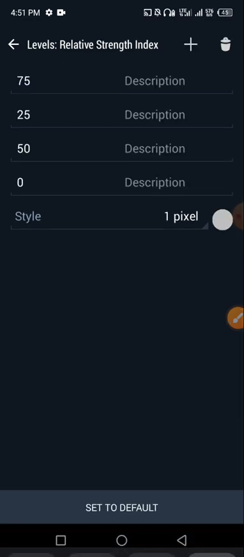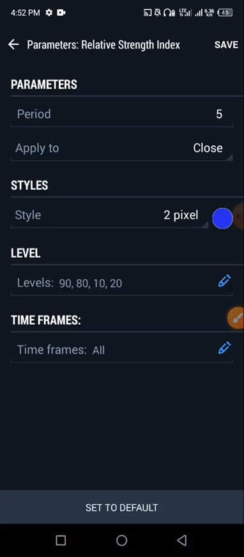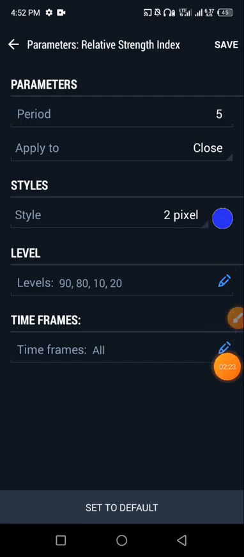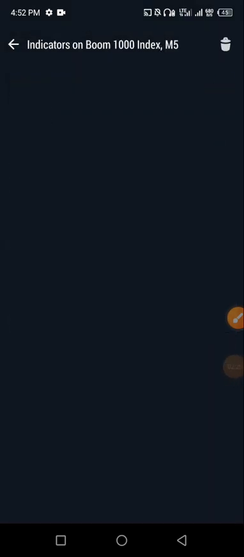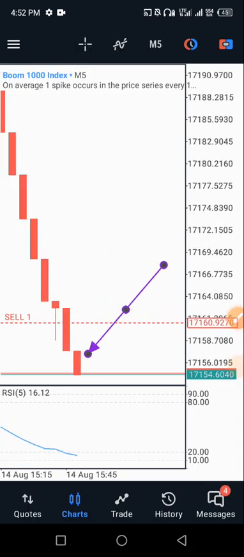Then our levels can be set to 90, 80, and then we have the level 10, and then the level 20. Okay, and then you can click on the save icon. So you can see that we have the first indicator here.